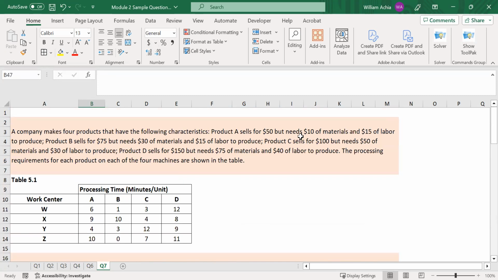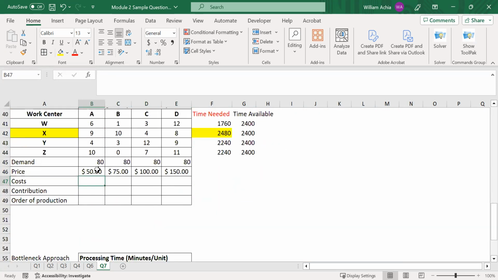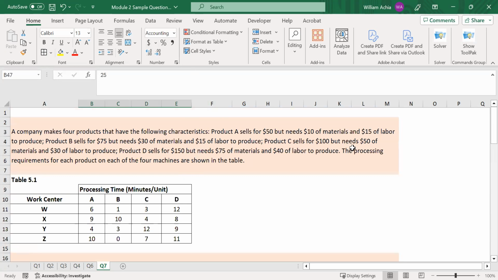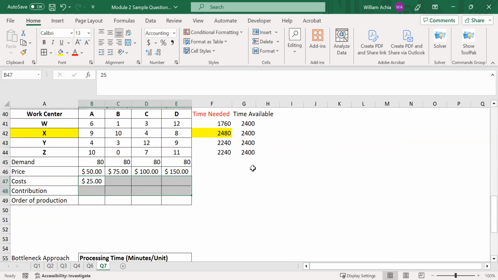A has a total cost of $10 for materials and $15 for labor. That's $25 total. B has $30 for material and $15 for labor, so that's $45 for B. And then for C, we have 45 and 35, which is 80.